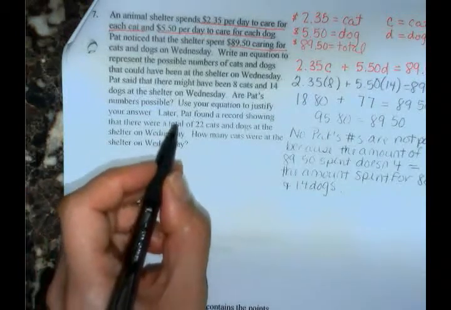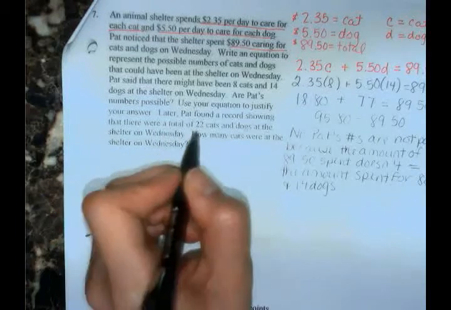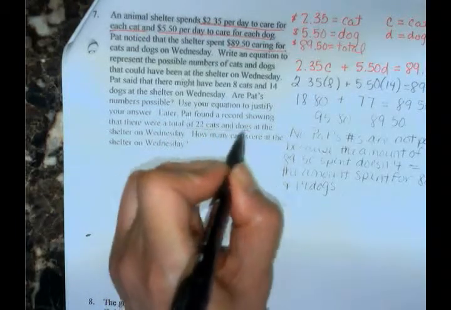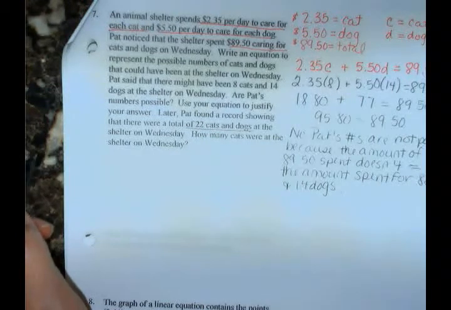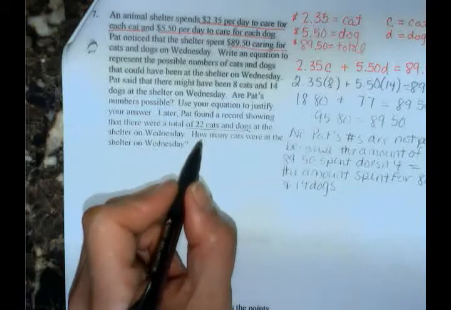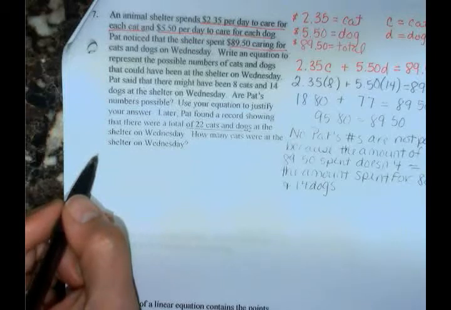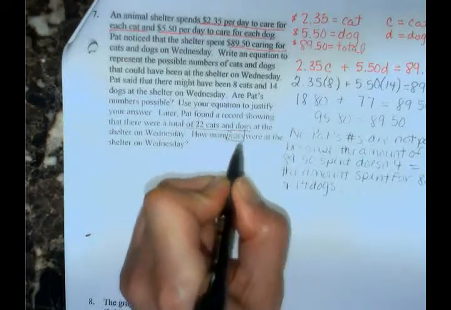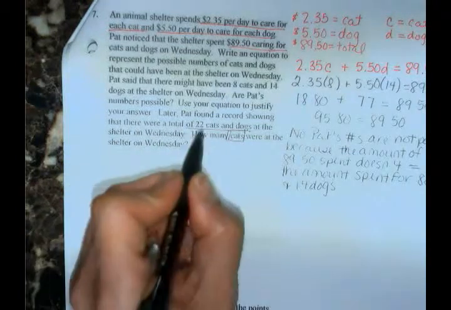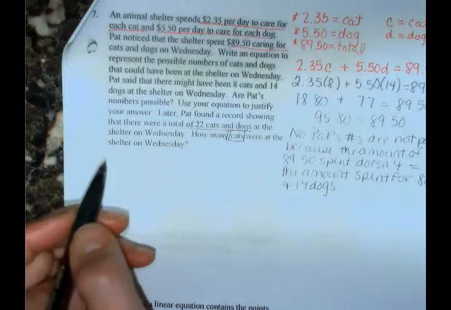Now later, Pat found a record showing that there were actually a total of 22 cats and dogs at the shelter on Wednesday. So if we wanted to figure out another equation that might be helpful in figuring out how many cats and dogs actually were at the shelter on Wednesday, this is actually asking us just for how many cats. So if I look at this, a total of 22 cats and dogs, that would lead me to write another equation.